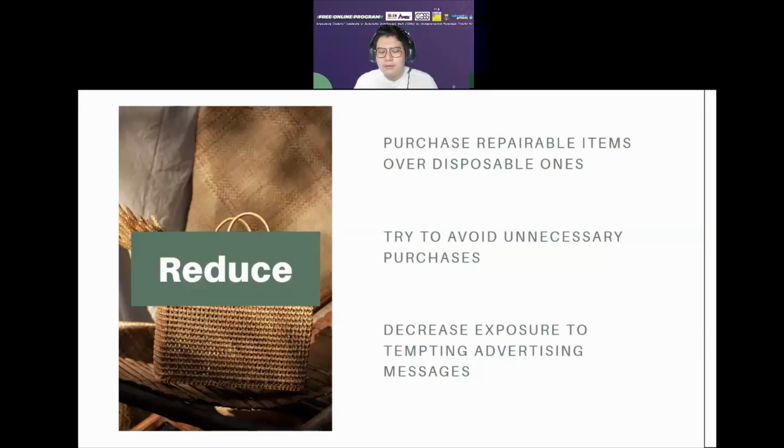This can tempt us into buying those products. Some of the products we don't even need, but we feel like buying. We are tempted to buy them because of what? There's a sale, there's a discount. So try to decrease our exposure to seeing these messages.